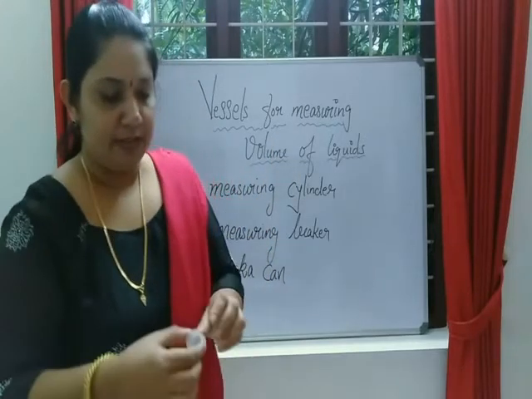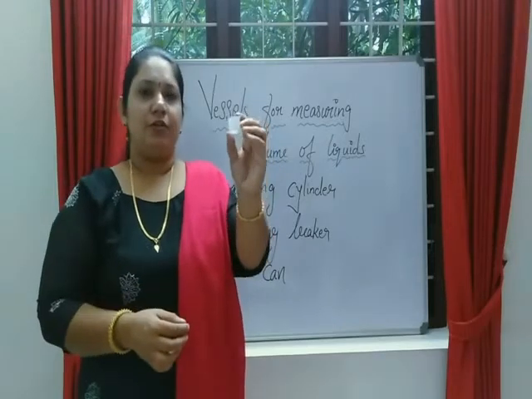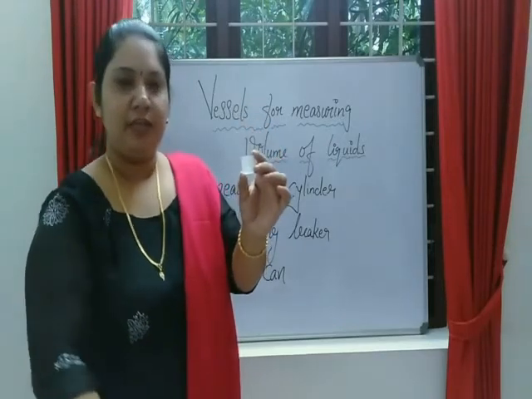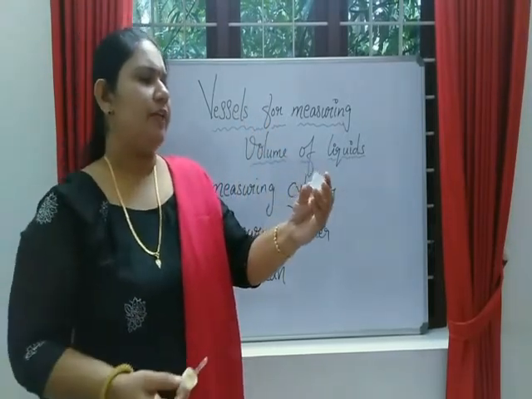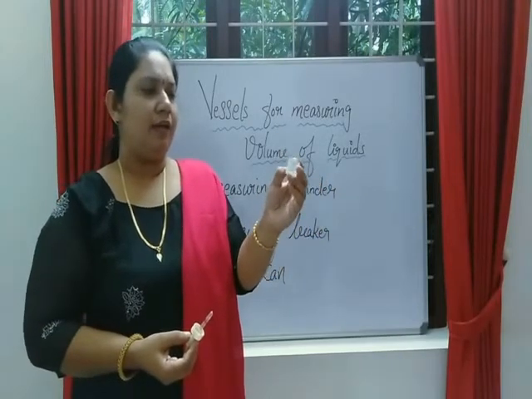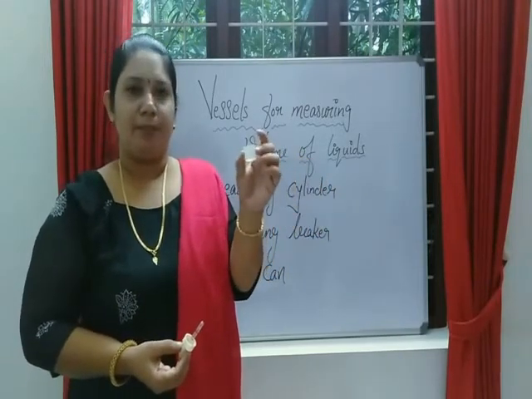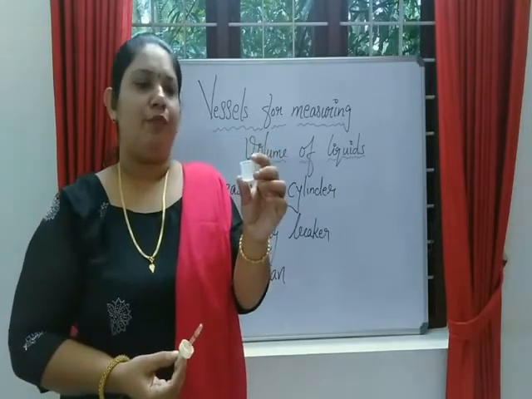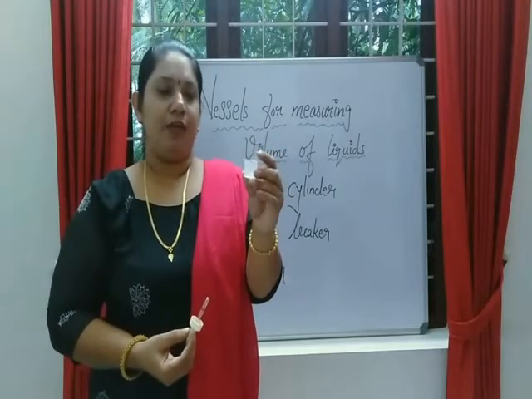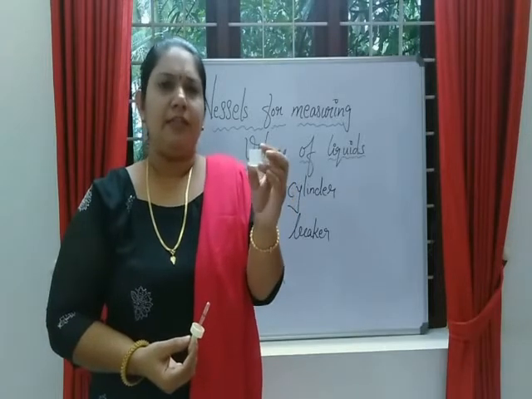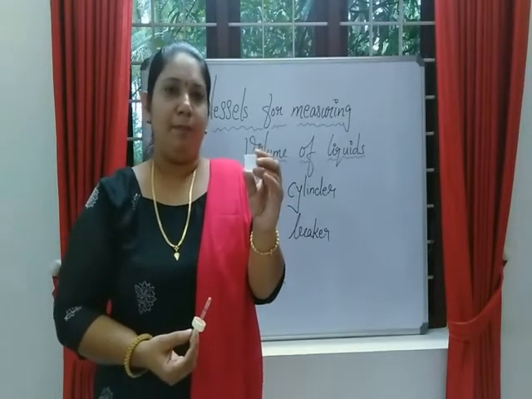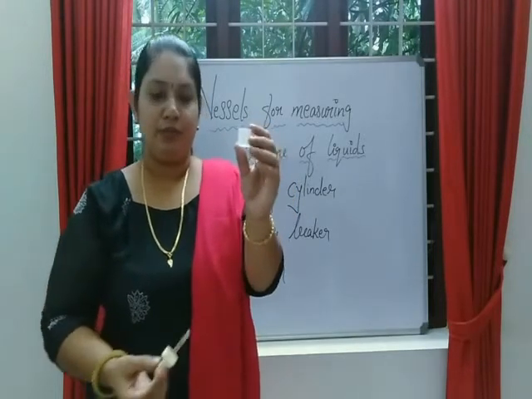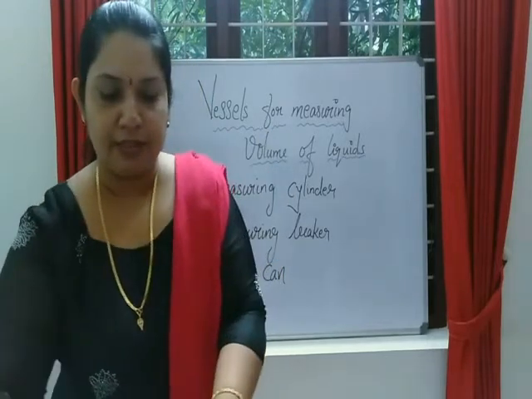Again you can see this. This is also an example of measuring cylinder. Here we have the readings 2.5 ml, 5 ml, 7.5 ml. This is also used to measure the volume of syrups. If you are using cough syrup or any other medicines in liquid form, we will use this.